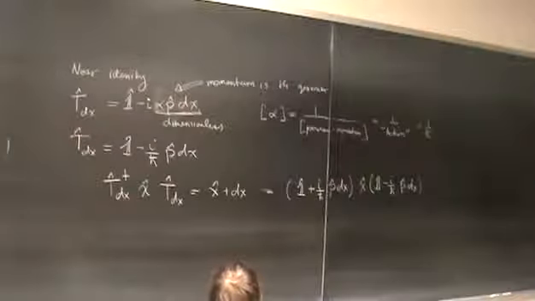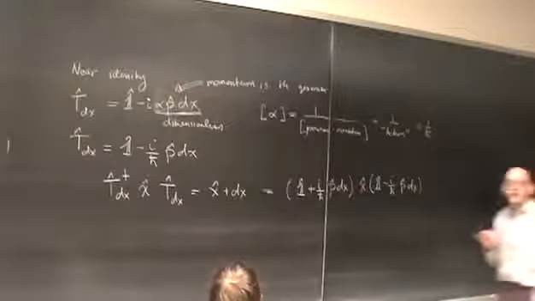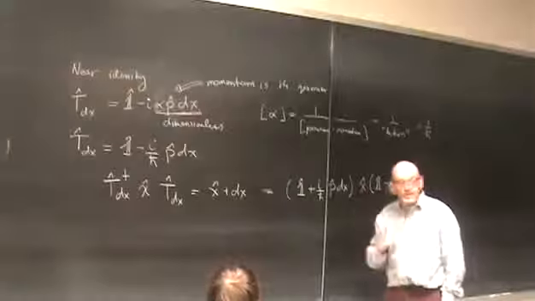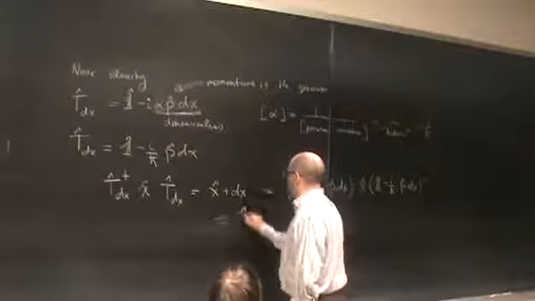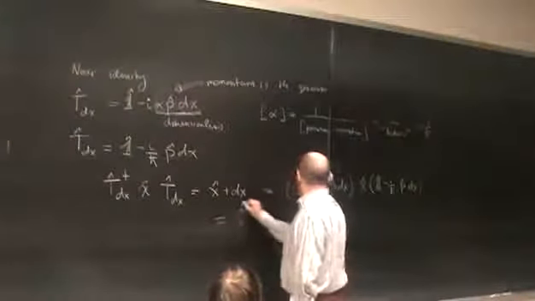This is a differential, so we keep only things to first order. The dx squared is 0 as a differential, so we'll keep only those terms. And what do I get? I get minus I over h bar (x times p minus p times x) dx.